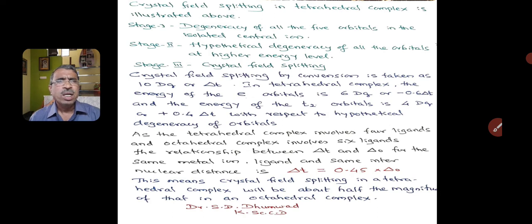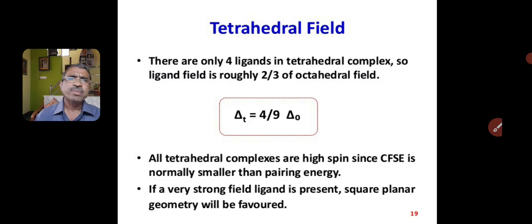This means crystal field splitting in a tetrahedral complex will be about half the magnitude of that in the octahedral complex. This slide shows the same. Since there are only 4 ligands in a tetrahedral complex, the ligand field is roughly 2 by 3 of the octahedral field. That is, delta T is equal to 4 by 9 delta naught, which comes to 0.45.